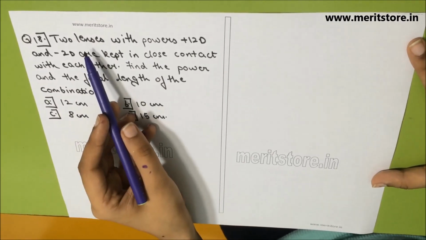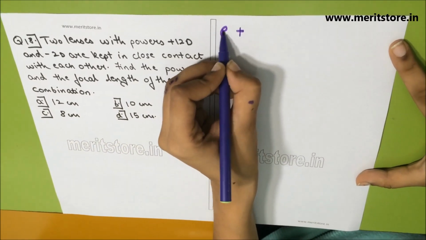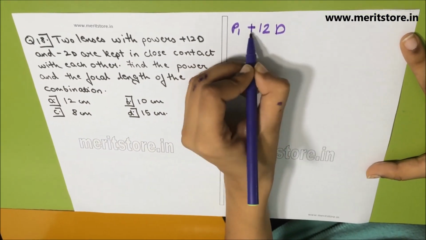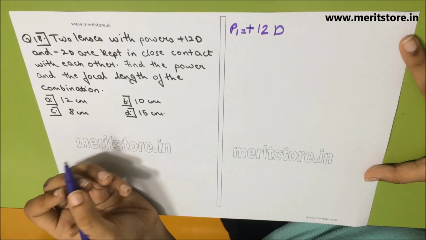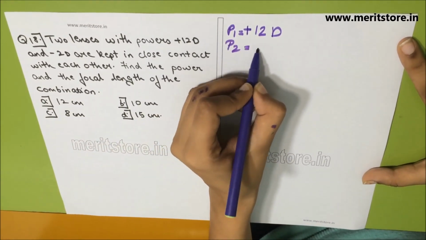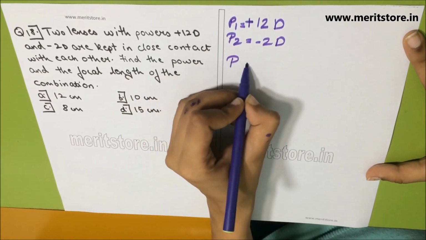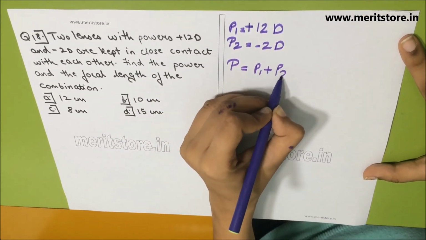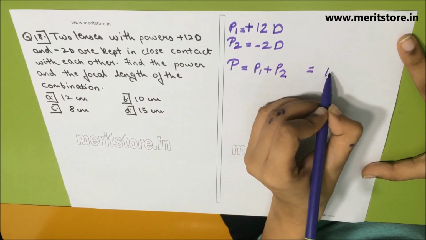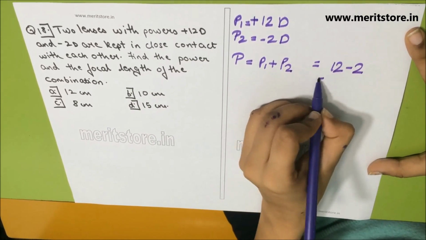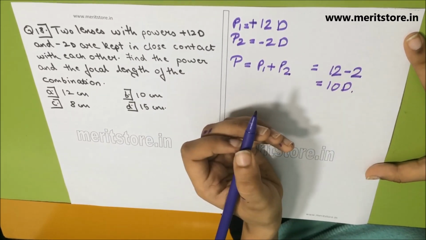So your two lenses are there. The power of one is plus 12D, plus means it must be a convex lens, and P2 is minus 2D, stating that it must be a concave lens. My total power will be P1 plus P2, which is equal to 12 minus 2, which is equal to 10D.